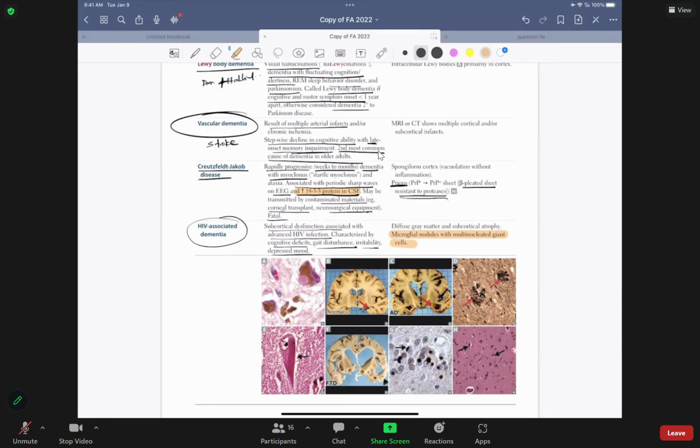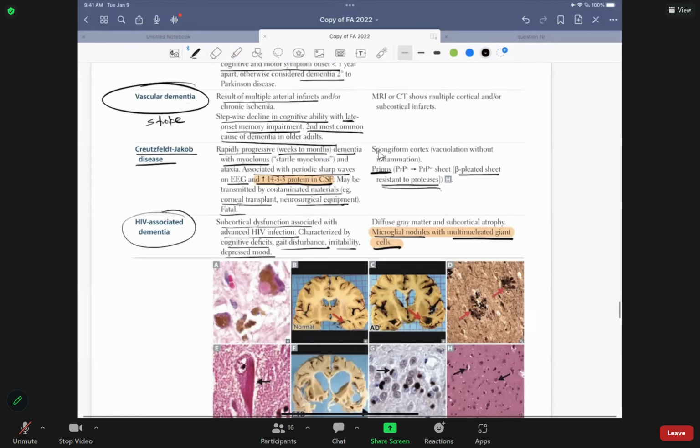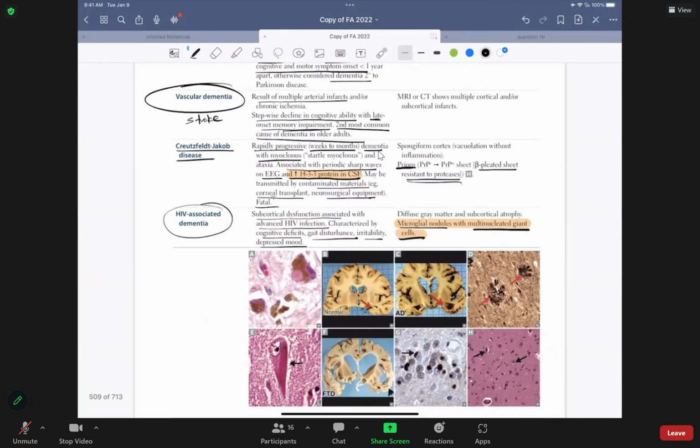The minute people have HIV and it spreads to the brain, the only way you could tell whether it has gone to the brain or not is by looking at the microglial cells, which show multinucleated giant cells. That is the only way to identify whether your brain has been infected with HIV or not. Nothing else, folks, okay? So that's the idea here. That is the key.